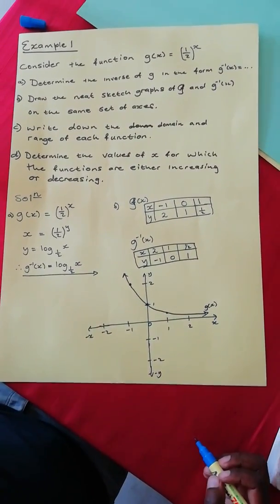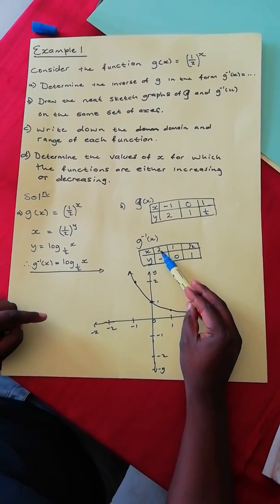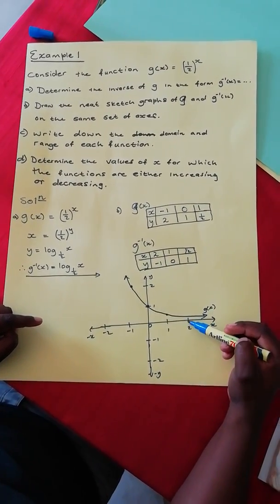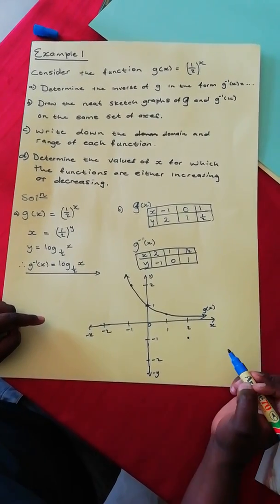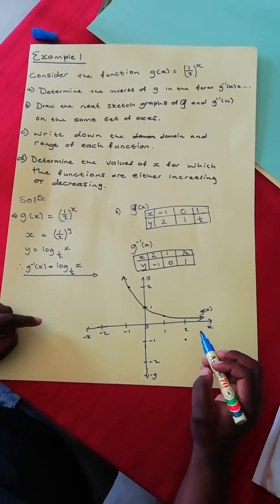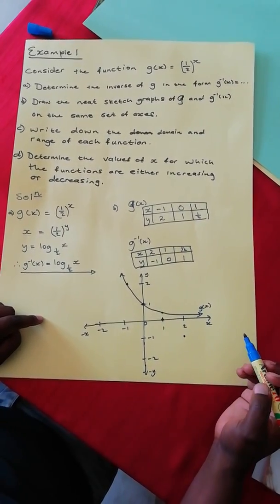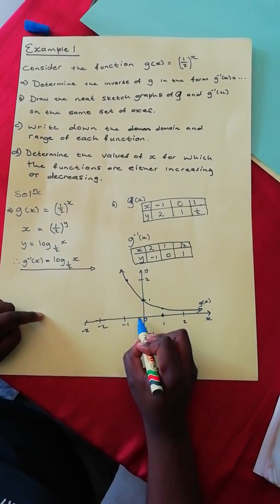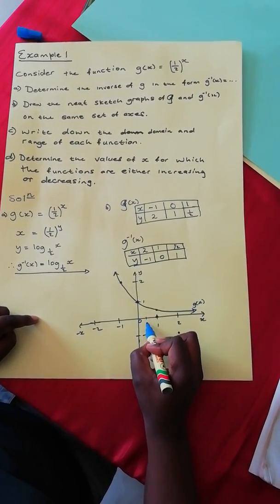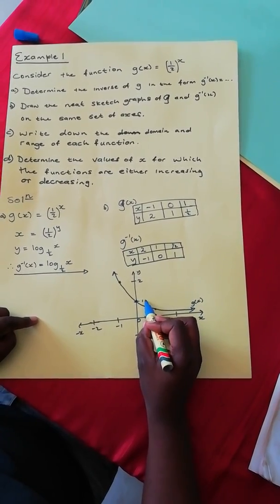Now let us check for the graph of g inverse of x. Here we have x 2, y -1. We have x 1, y 0. And we have x 1 over 2, so 1 over 2 is between 0 and 1, so here 1 over 2 is at 1.